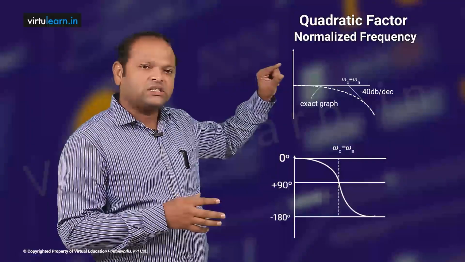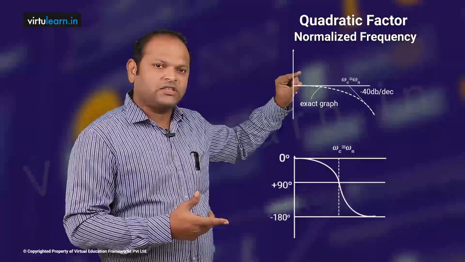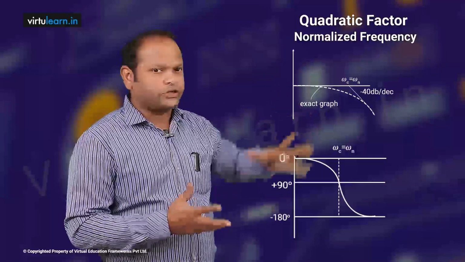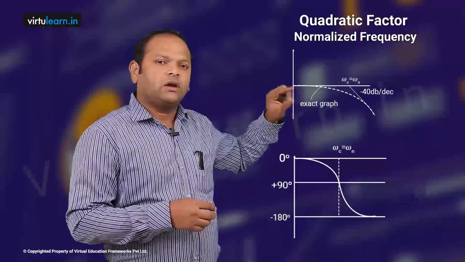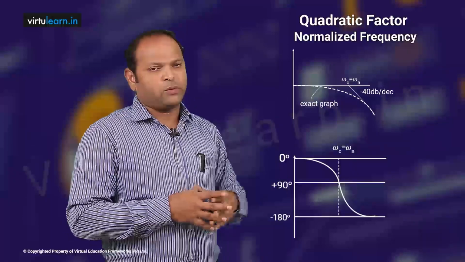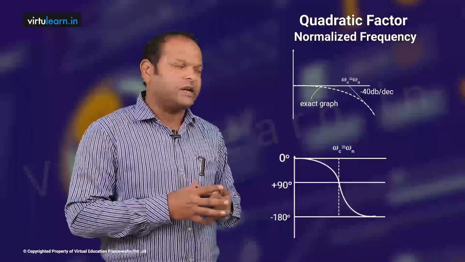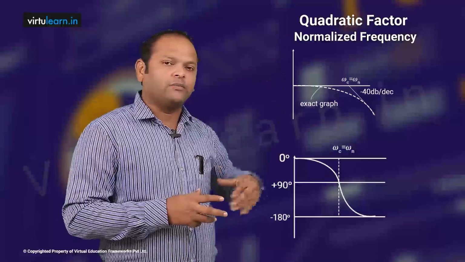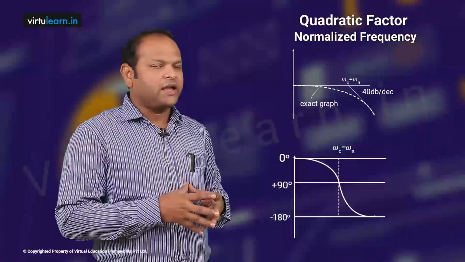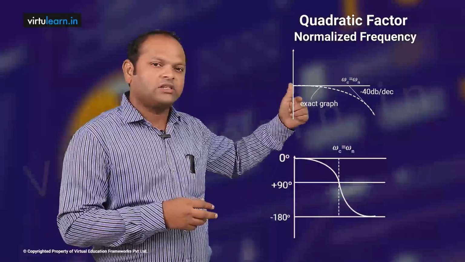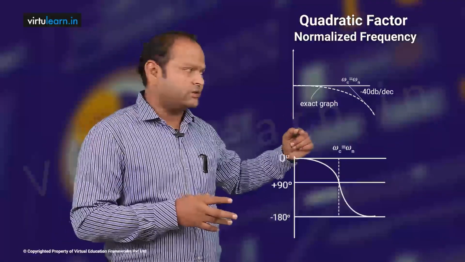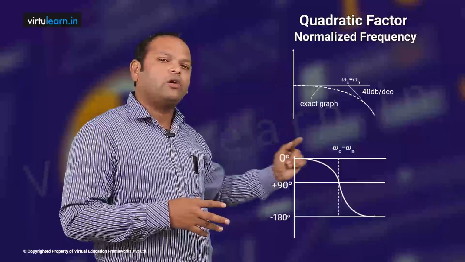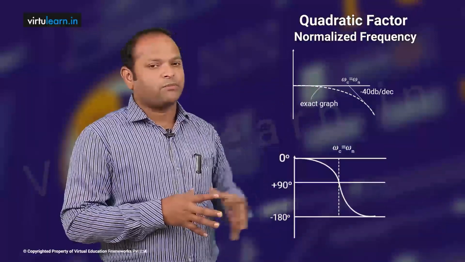Therefore, constant term alone means there are no poles at the origin and no zeros at the origin. The second possibility is a constant with zeros at the origin, maybe 1, 2, 3, 4, any number of zeros, that is the K s power n term. The other possibility is K by s power n. So K can be any constant and there are n poles at the origin. Any one will be there, and I can call these the first term possibilities.